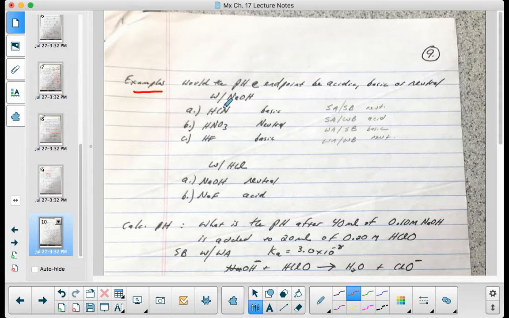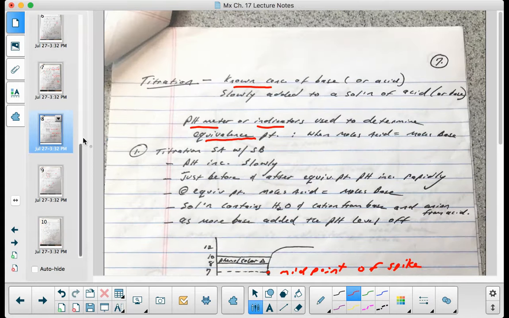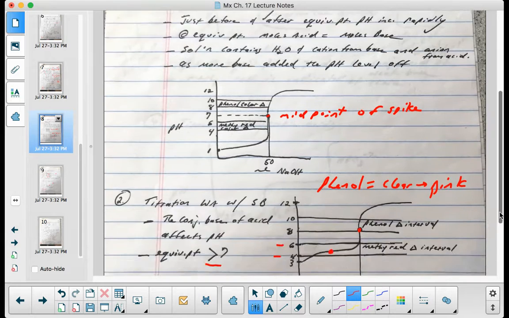So, let's take HCN. And HCN is a weak acid. And so a weak acid titrated with a strong base is going to be basic at the end point. And I'm going to take you back to one of the slides that I did before in the last video, which was this one here.